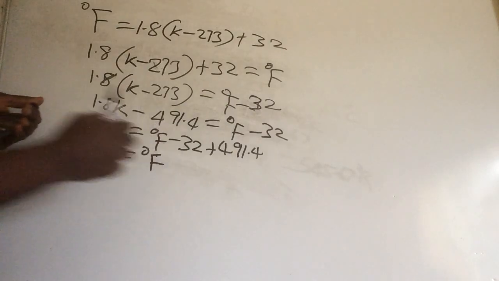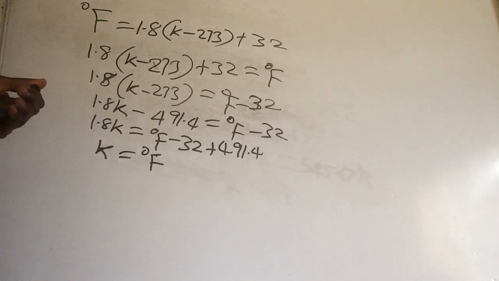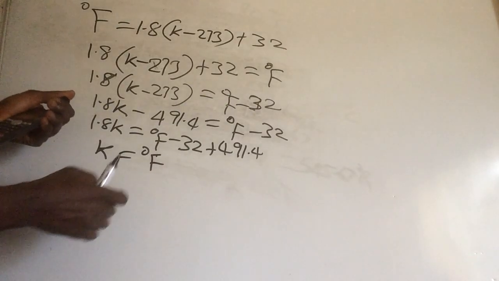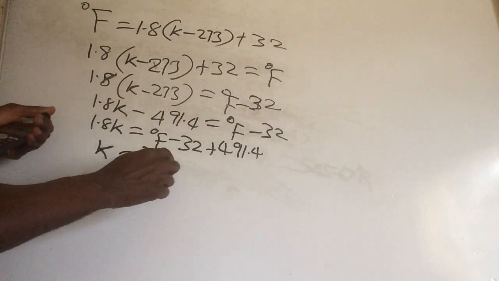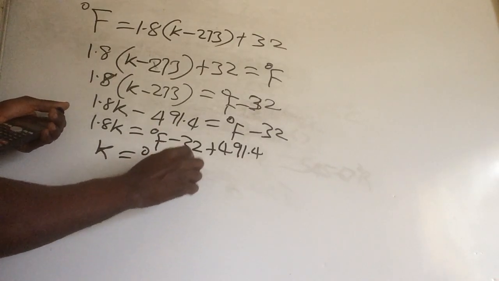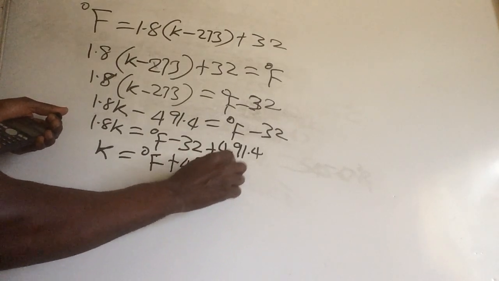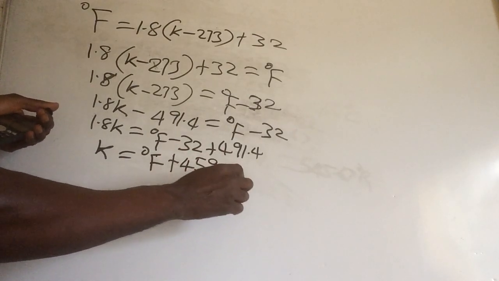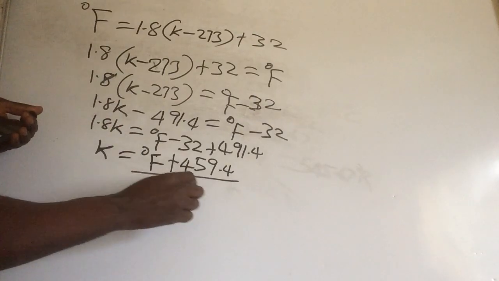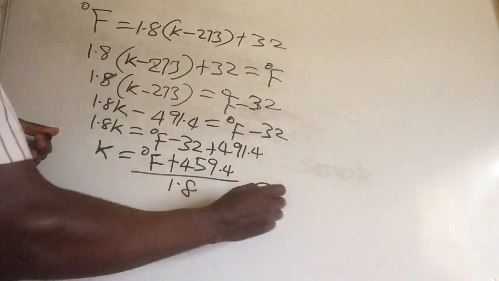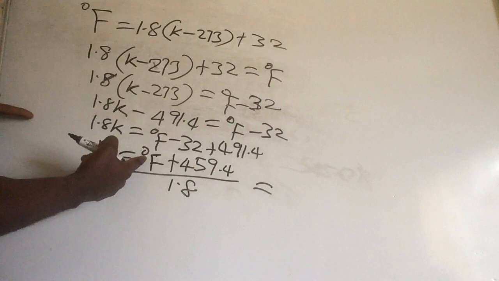When we take away 32 from 491.4, we now have plus 459.4 over 1.8.